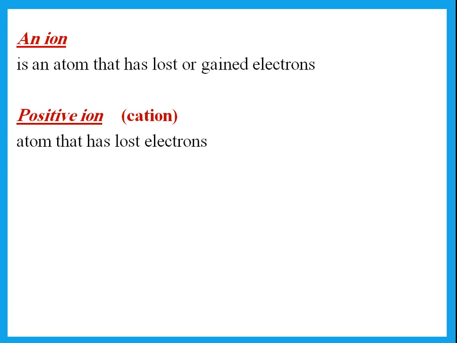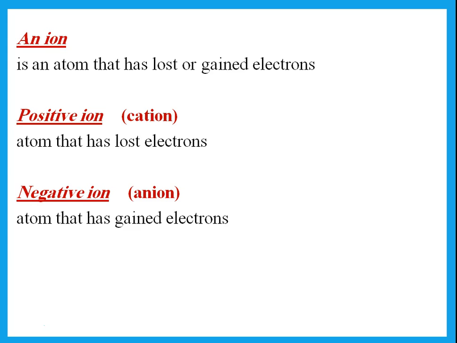So a positive ion is the atom that has lost electrons, because we said if it loses electrons, then now it has extra protons which are positively charged, so it becomes a positive ion, or what we call a cation. If the atom gains electrons, that means it now has extra negative charges, and that is called an anion. Okay?